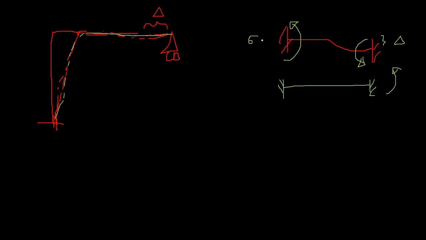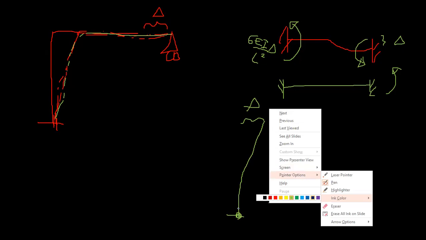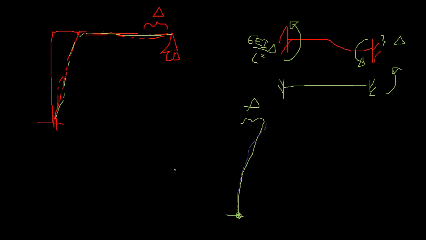So that is 6EI over L squared. The problem is we need to find the direction. Here I will tell you a convenient way: think always relatively. Compared to here, this member has gone in this way. So what should this point do to take it back?